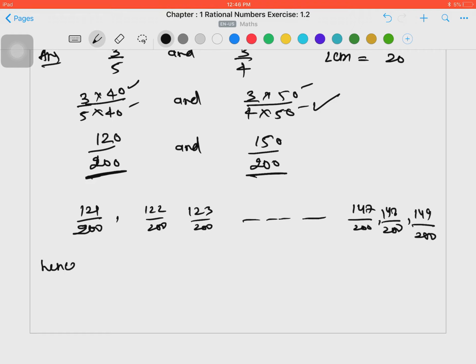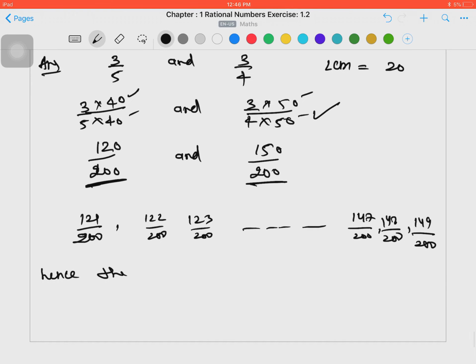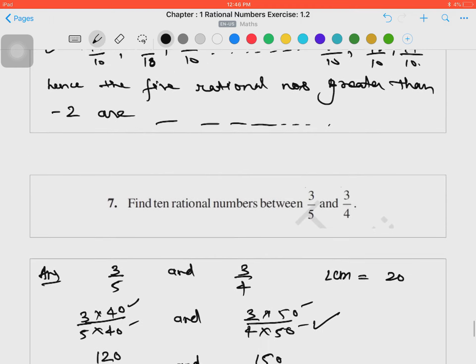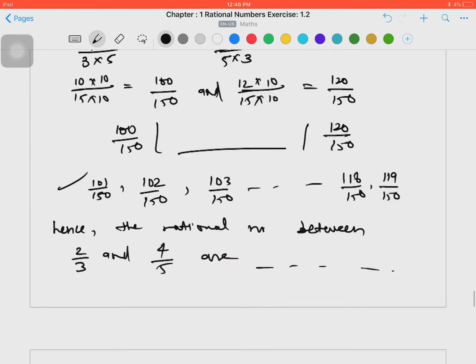You can write hence the 10 rational numbers between 3 by 5 and 3 by 4 are, you can write any 10 numbers out of these numbers. So that's how you can find the rational numbers between any given rational numbers.